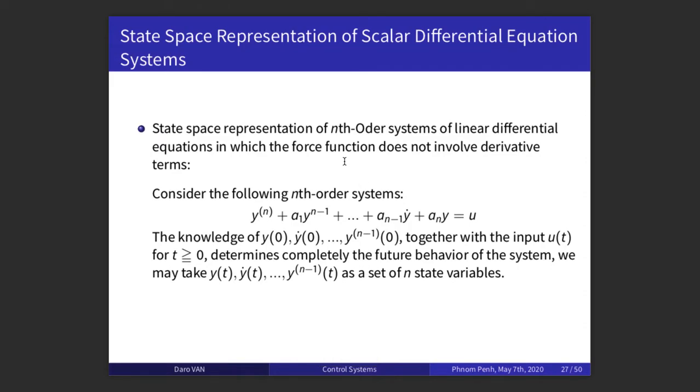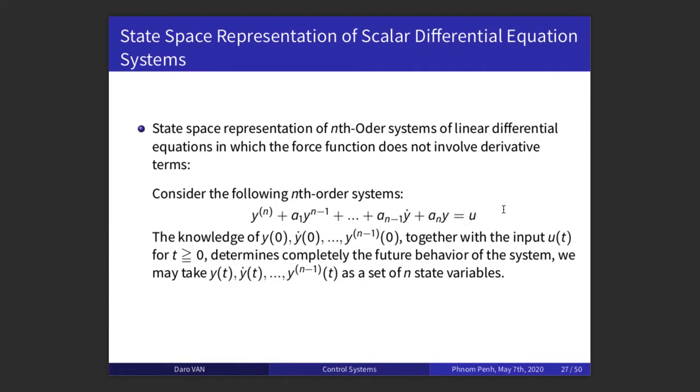First, let's consider the state space representation of an order R system of linear differential equation in which the forcing function does not involve the derivative terms. So basically it has only u, there is no u dot or u dot dot.